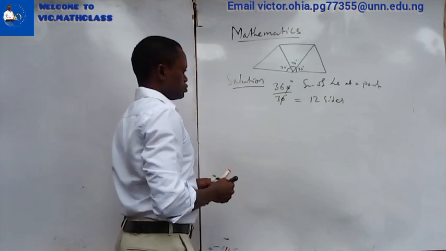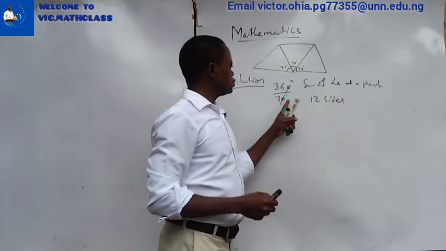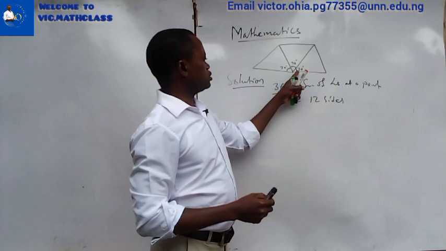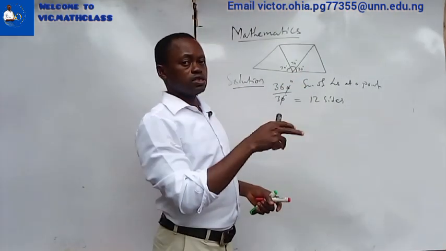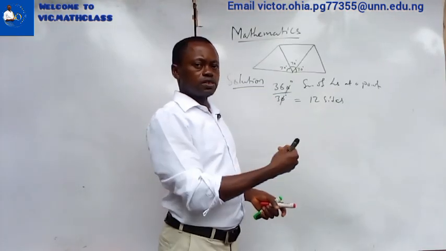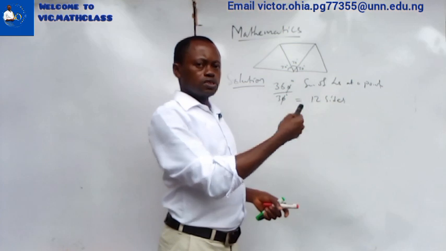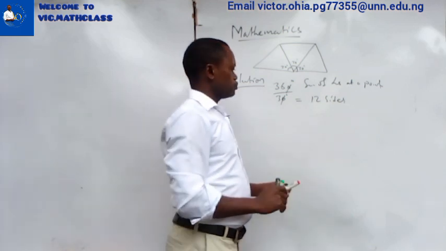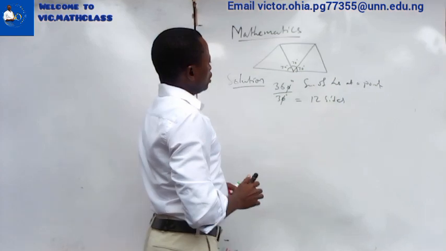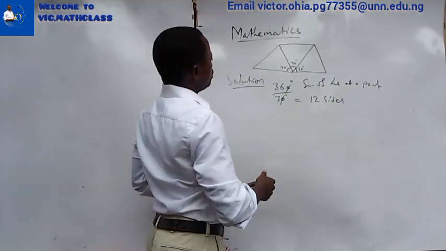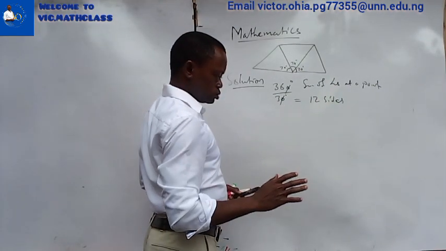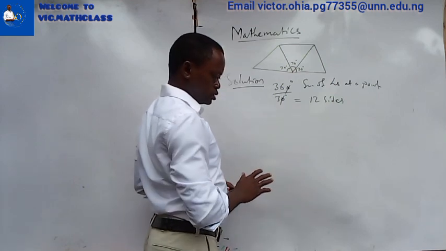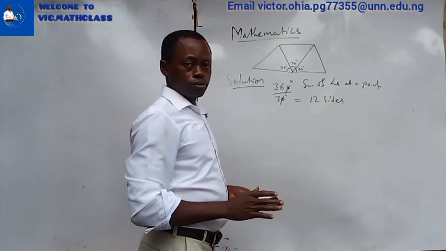That is my observation: by the time we go around all these 30 degrees, we must have gone around all the sides that are subtending those angles. I'm sure that explanation is very clear. So with this, we can obtain the sum of angles in that polygon. They say calculate each interior angle.